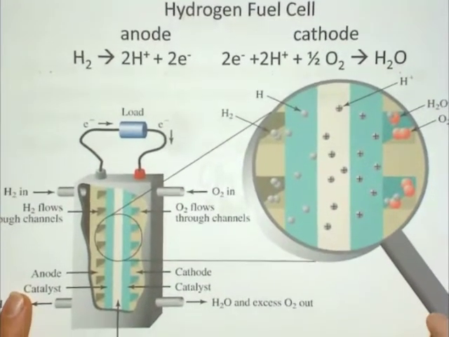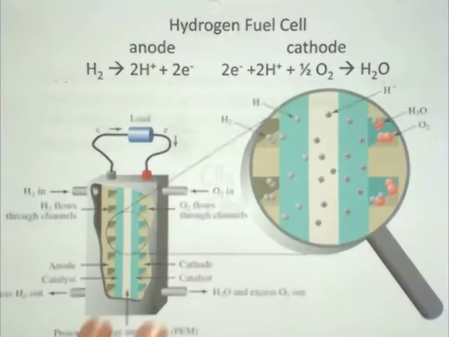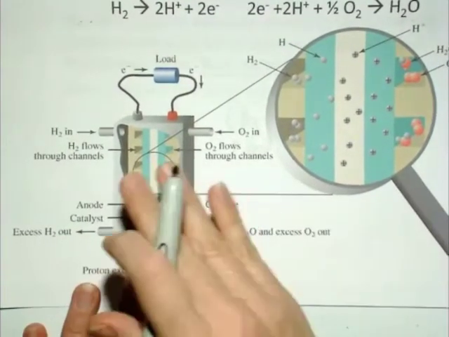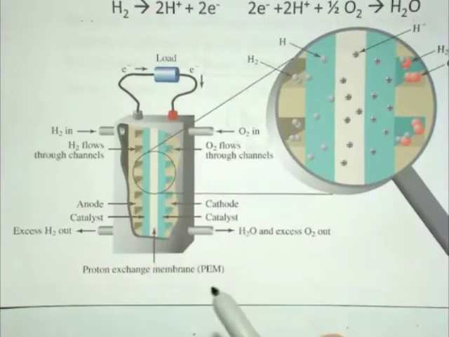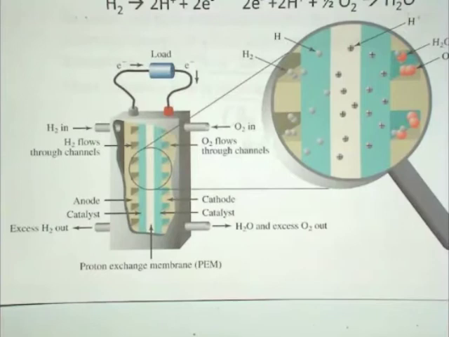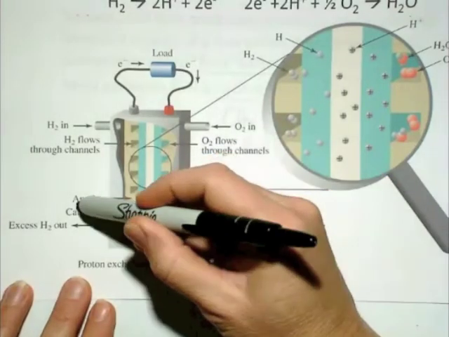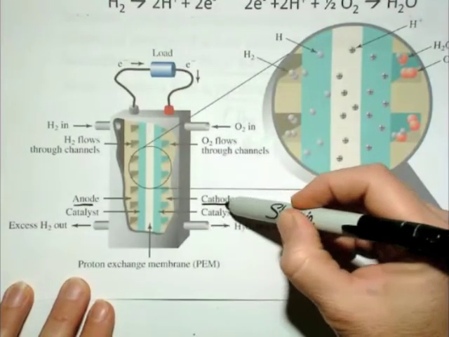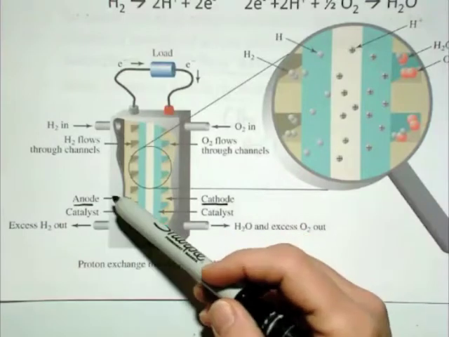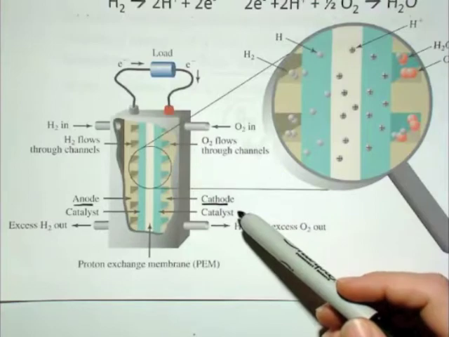Here is a schematic diagram of a fuel cell. Let's look first at something that we can compare to the typical galvanic cell. Just like a galvanic cell, there's an anode and a cathode. The anode is the site of oxidation, and the cathode is the site of reduction.